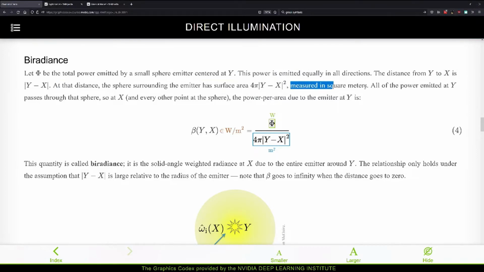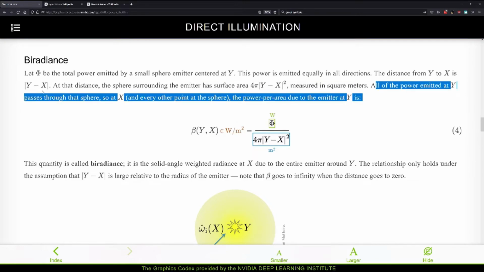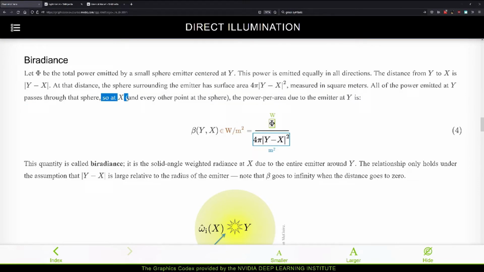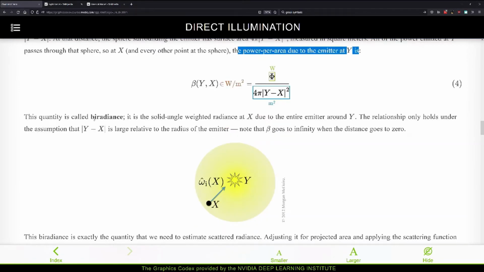Yes. All power emitted at y passes through that sphere. So at x and every other point on the sphere, the power per area from the emitter is the power divided by the surface area, where r is the distance between our point x and the center y. So the biradiance, the solid angle weighted radiance at x due to the entire emitter around y.